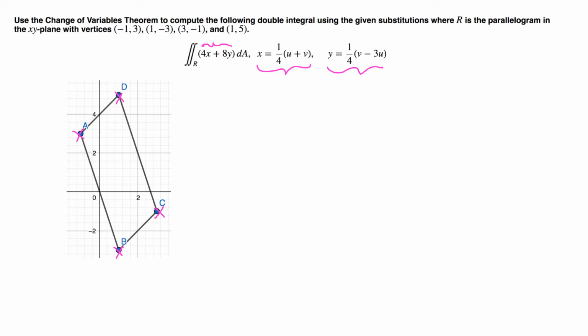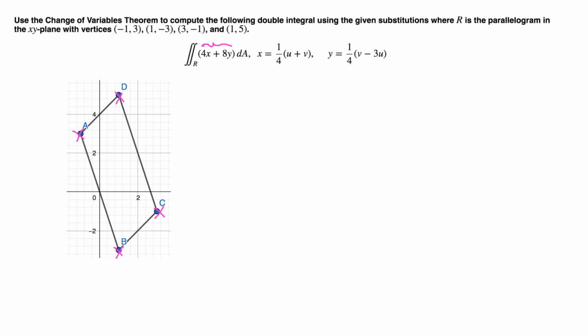To transform this into the uv plane, we're going to use these vertices with these transformations. These are xy points, so we need to convert into uv, but the transformations are given in terms of x and y, so we need to solve these two equations for u and v.